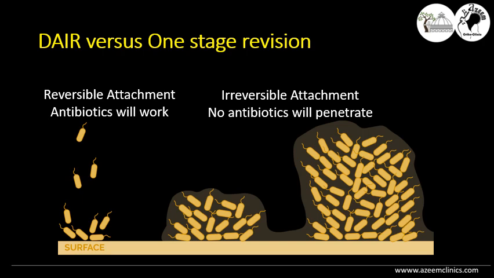However, in cases of long-standing bacterial infection, the bacteria is totally adherent and covered by the biofilm. So its eradication or removal during the surgical procedure is impossible, and the antibiotics will not be able to penetrate the biofilm to reach and kill the bacteria.